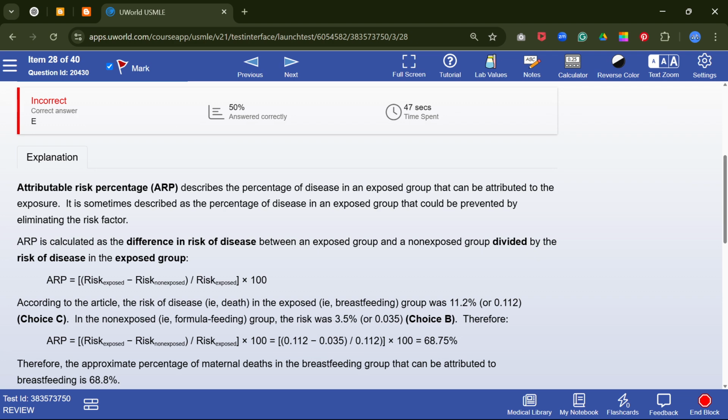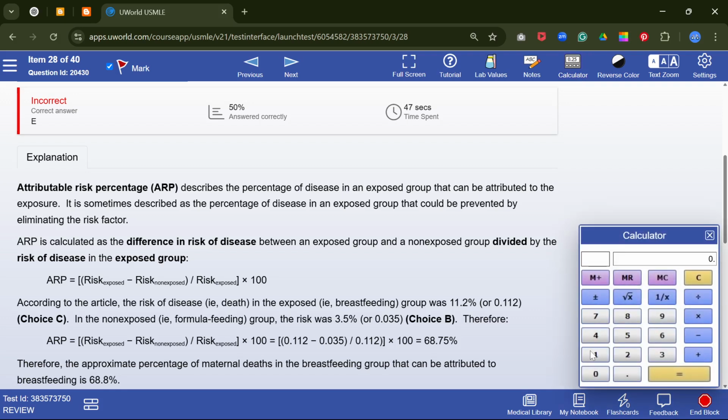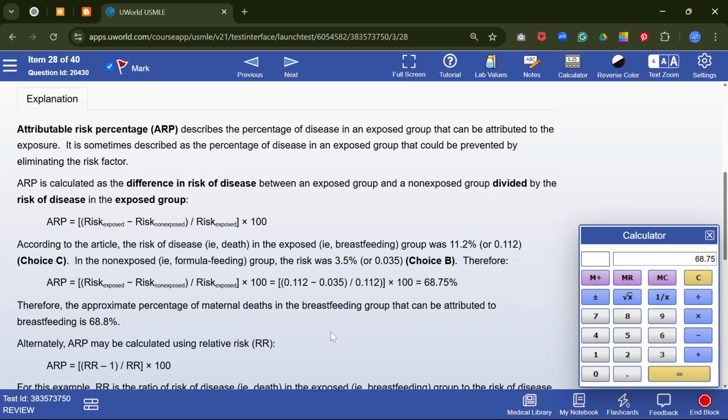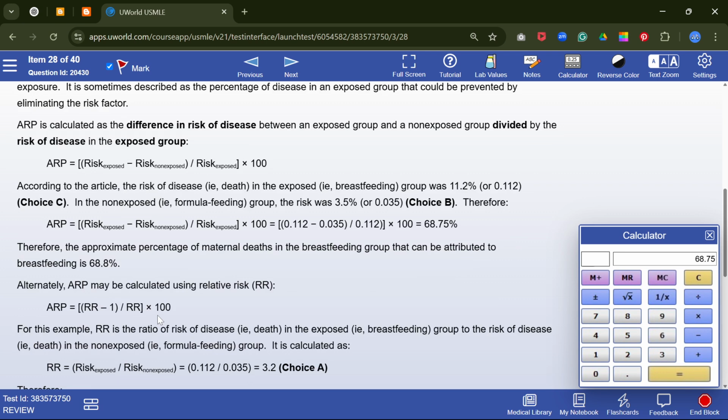If we calculate this, 0.112 minus 0.035, divided by 0.112, into 100, we get 68.75%.